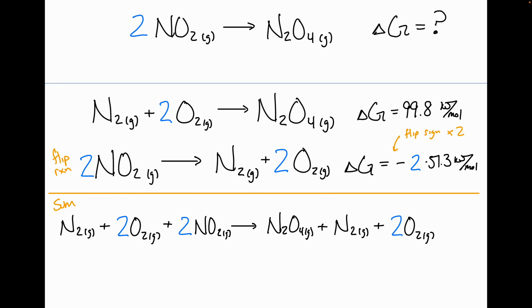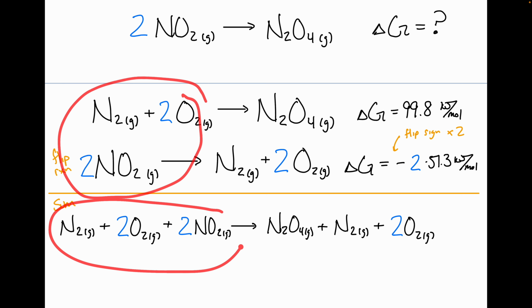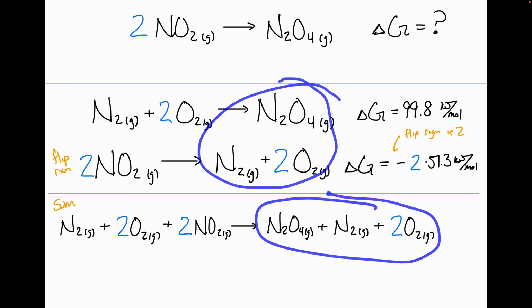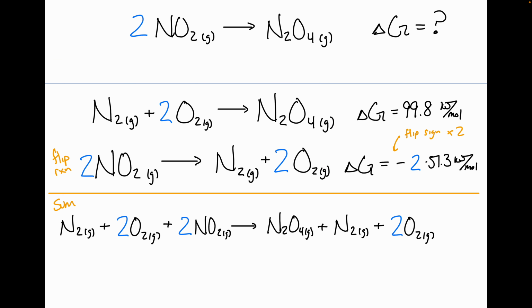All right, so I just combined all my reactants together into my reactant side of this new chemical equation. Likewise, all my products into a product side of my new chemical equation. And then what do I get to do? I'm going to simplify them, right? And so how do I simplify?